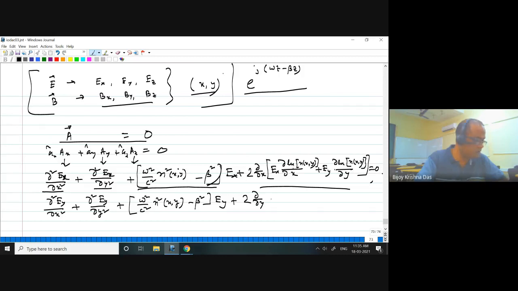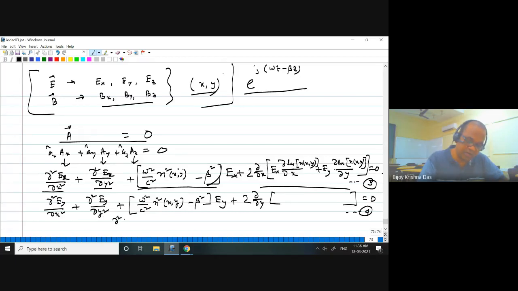You have to write del y, and this one will be the same, equal to 0. Okay, and then the third equation you are supposed to get. So maybe we can write this as equation number 3, and this is equation number 4, and I will have one more equation for the z component.